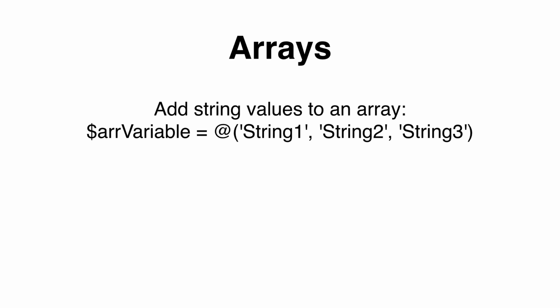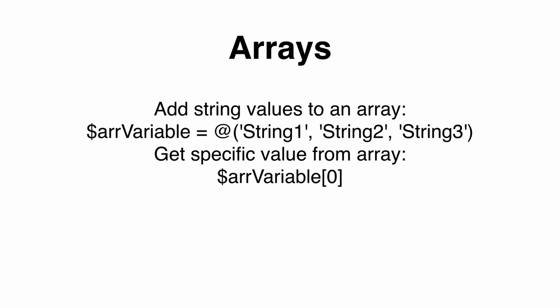The indexes are automatically written to the array. So if we want to get a specific value from that array, we can call whichever index we would like. So in this example, I'm calling the index called 0. So this will actually return string 1.